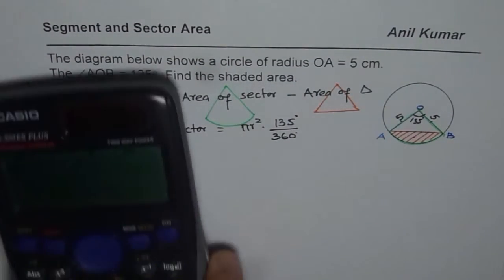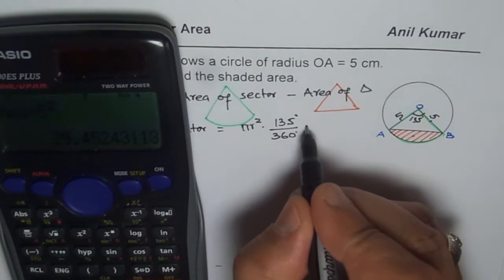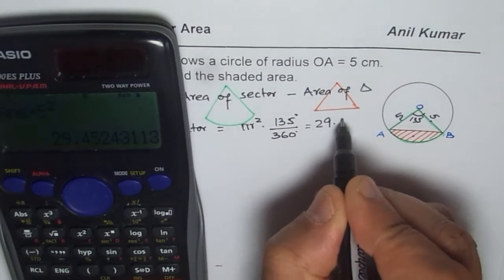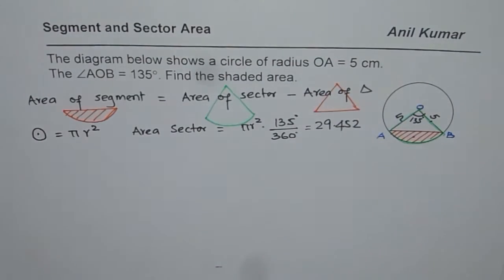Calculate the answer now. It is 135 divided by 360, that is the ratio, multiplied by pi r square, which is 5 square. That gives us 75 over 8 pi. In decimals it is around 29.452. So the area is 29.452 for the whole sector.